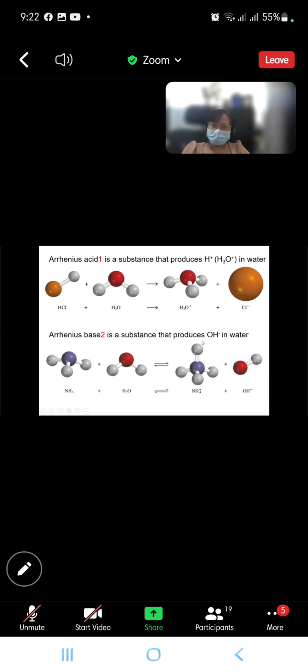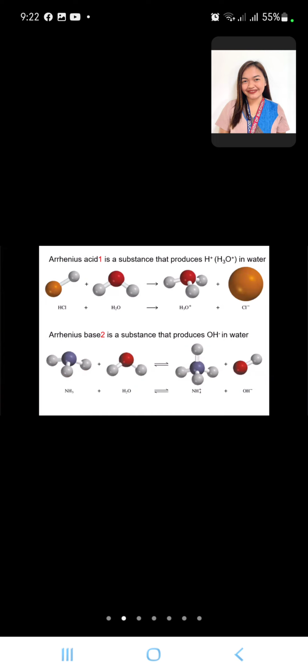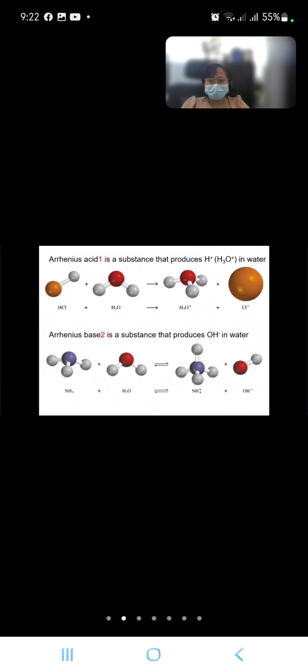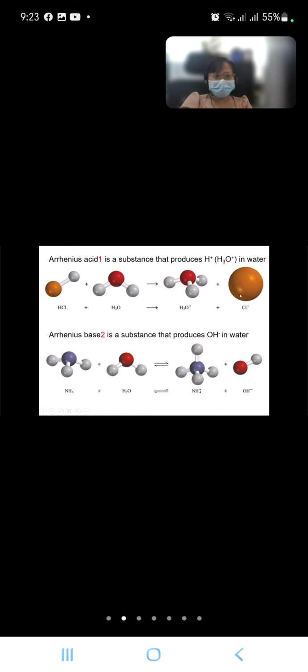Now, take note that this definition of Svante Arrhenius of acid and base is true for strong acids and strong bases. Okay, so you look at this equation. So hydrochloric acid, for example, which is a strong acid, when dissolved in water, will produce hydronium ion and chloride ion.